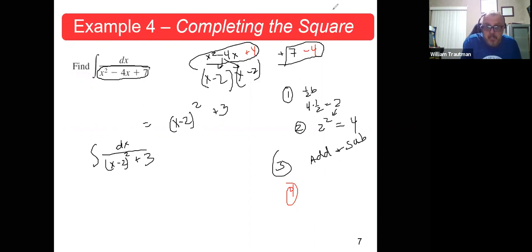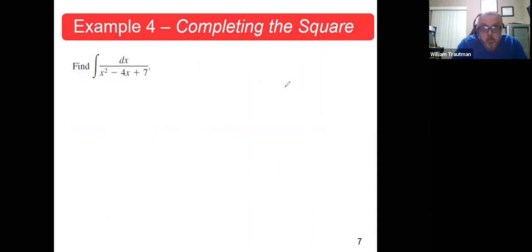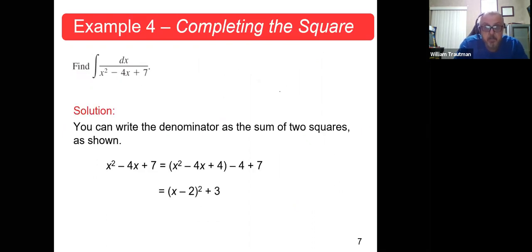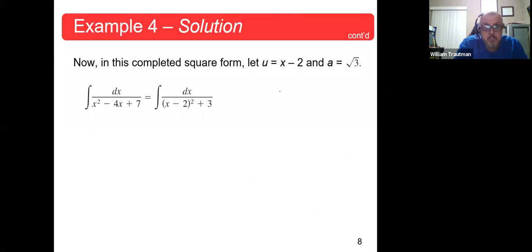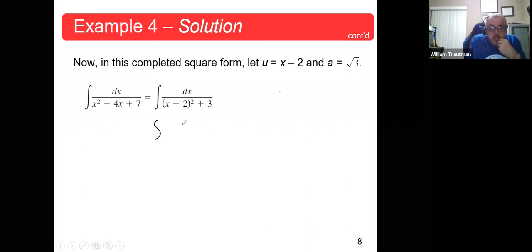Let's see if what we have now here, if it lets me. There we go. And there's the rule. So this is what we end up with. And every time you have the x part, that's the u. So do you see, I can rewrite this as u squared plus a squared.